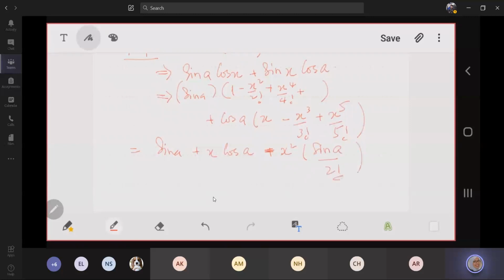That is the first 3 non-zero terms: you have the constant term, the x power 1 and x power 2.